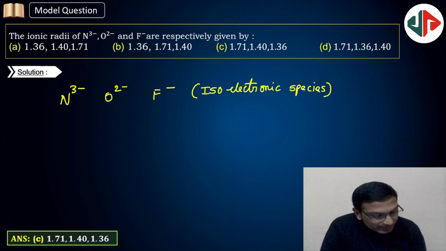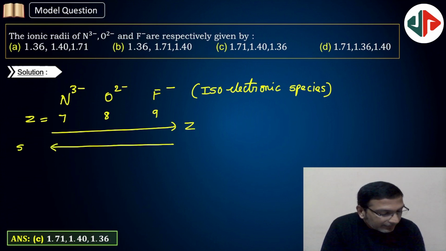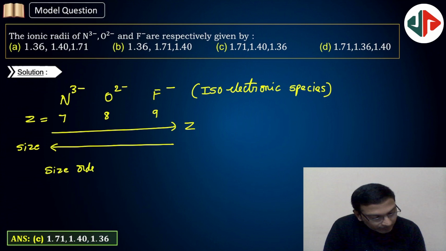So in case of isoelectronic species, see here atomic number 7, 8 and 9. So atomic number increases in this order. Therefore, size decreases in this order. So size order is N3 minus greater than O2 minus greater than F minus.